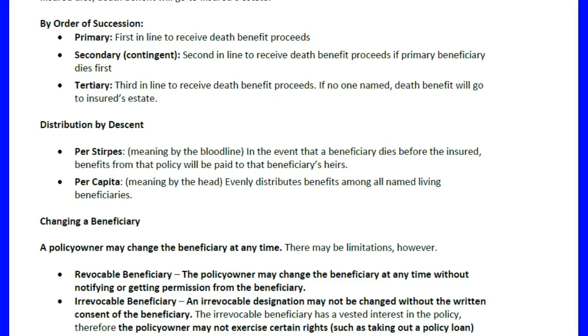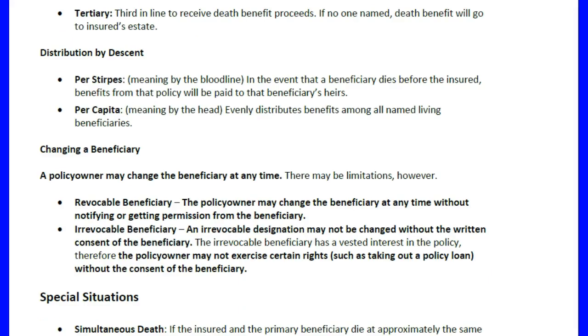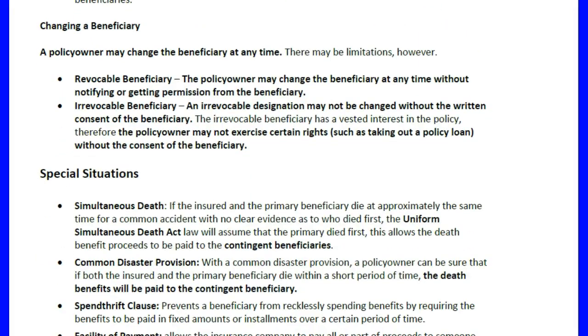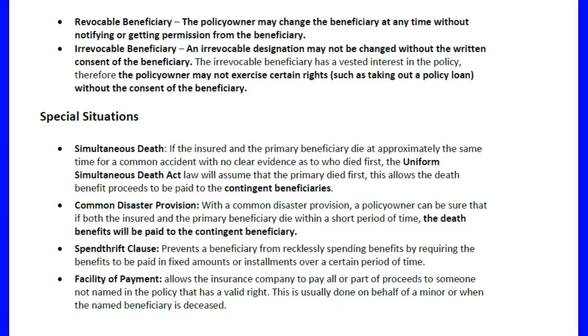If it's by bloodline, in the event a beneficiary dies before the insured, benefits will be paid to the beneficiary's heirs, which is per stirps, by bloodline. By head, per capita, evenly distributes benefits among all living beneficiaries. The beneficiary designation is revocable or irrevocable.